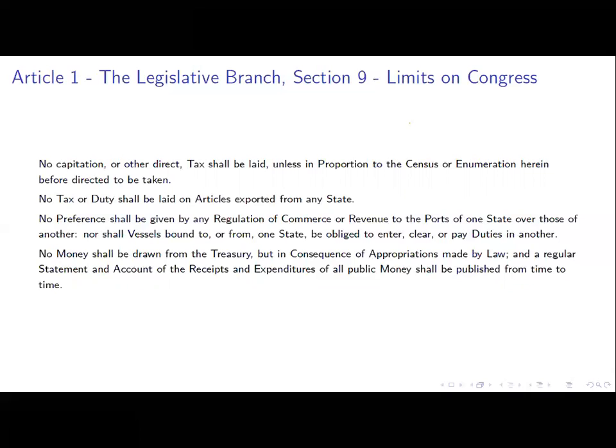No preference shall be given by any regulation of commerce or revenue to the ports of one state over those of another, nor shall vessels bound to or from one state be obliged to enter, clear, or pay duties to another. And no money is drawn from the Treasury, but in consequence of appropriations by law, and a regular statement of accounts. So Congress has to authorize any money to be drawn out of the Treasury, and you've got to make a statement of receipts and expenditures.